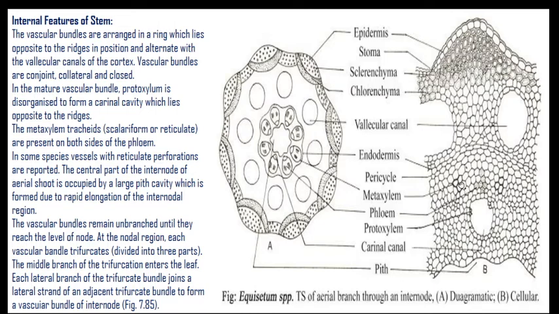So these are the metaxylem. These are the phloem. This one is the protoxylem, and these are the carinal canals, and at the center there is a pith or pith cavity. So in this way it has the internal features of the stem.